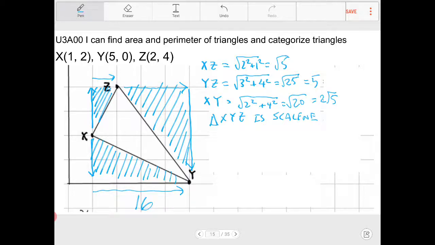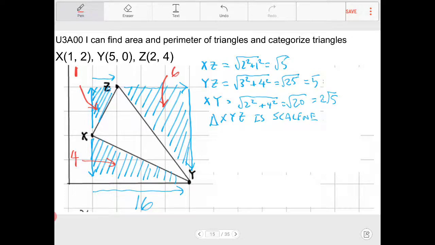All right, so now we're going to find the area of this triangle. I'm going to use a different color because they're overlapping and it's hard to see, so I'm going to use red. The area of that triangle over here is 1/2 times 2 times 1, so the area is 1. Now I want to find out the area of this one. It's 1/2 times 3 times 4, which turns out to be 6. And then the area of this one is 1/2 of 2 times 4, which is going to be 4.